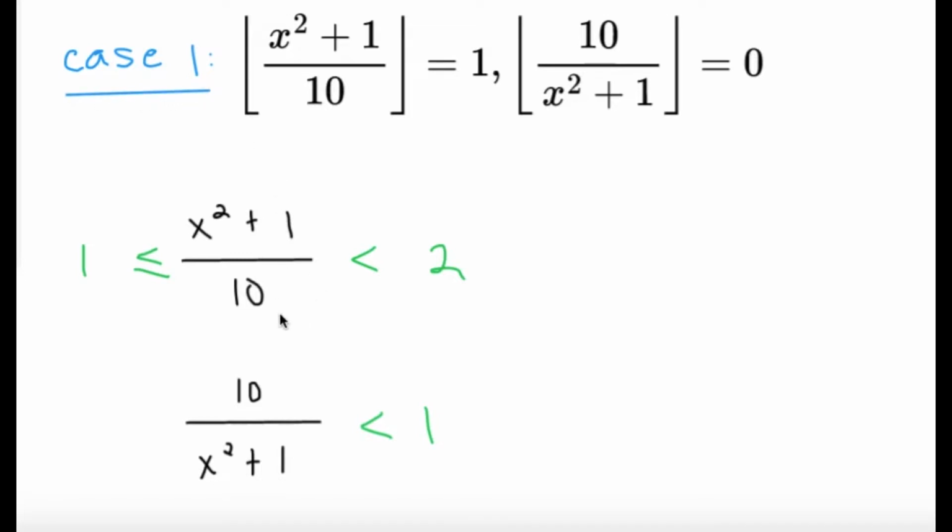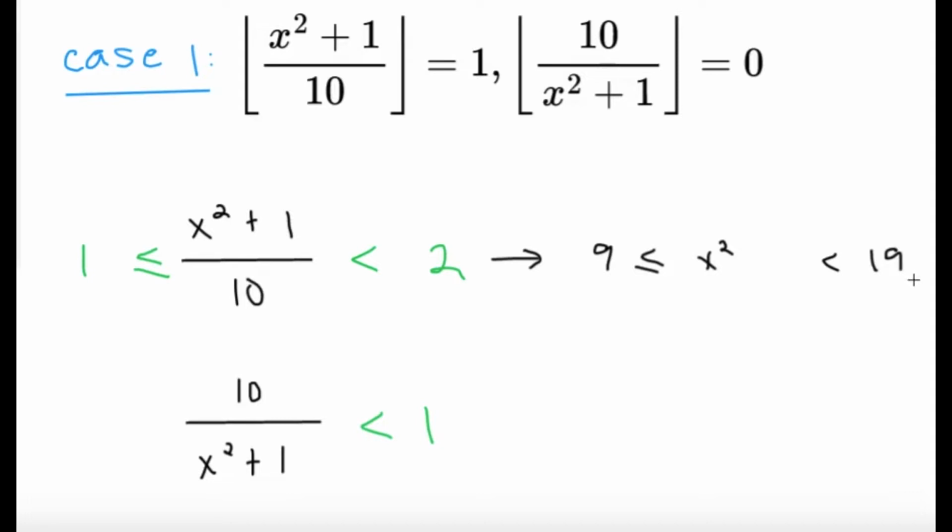All right, so let's try to get the values of x. We can multiply both sides by 10 here. 10 would be less than or equal to x squared plus 1, and then less than 20. And then we can subtract 1 from all sides, so 9 is less than or equal to x squared, which is less than 19.